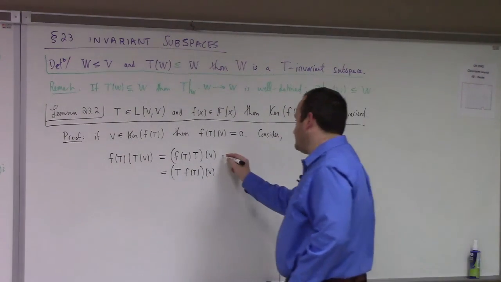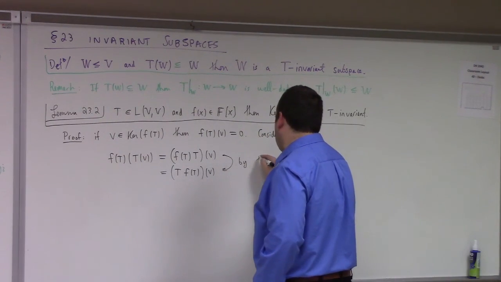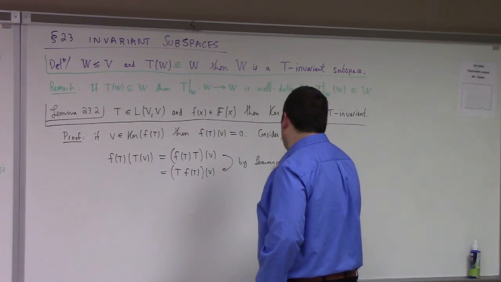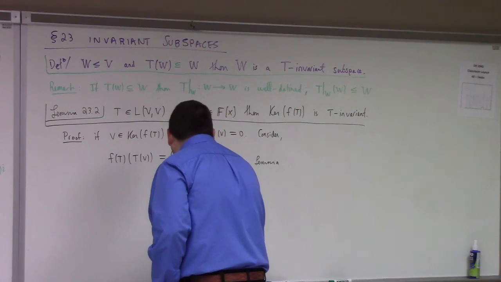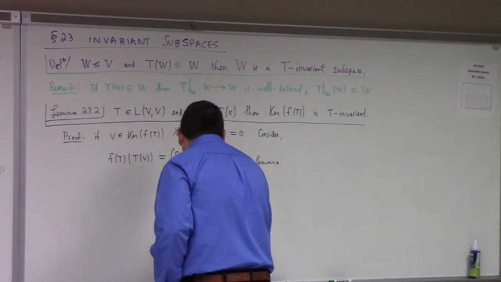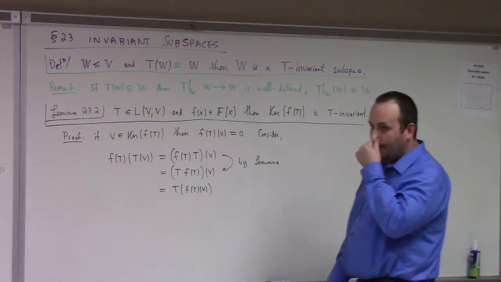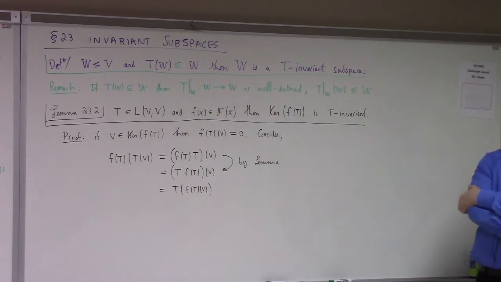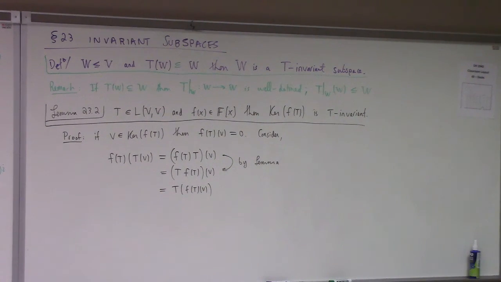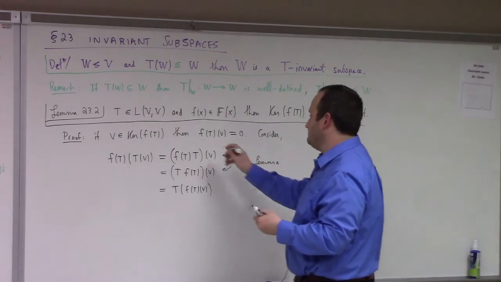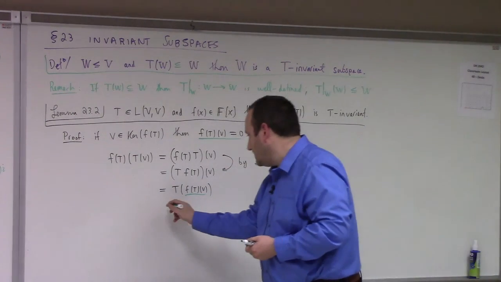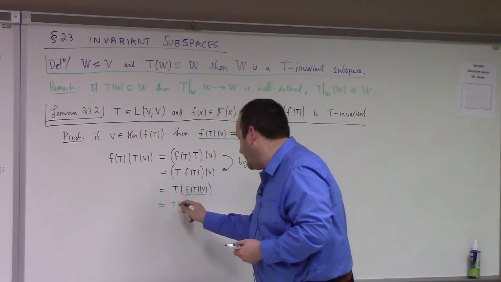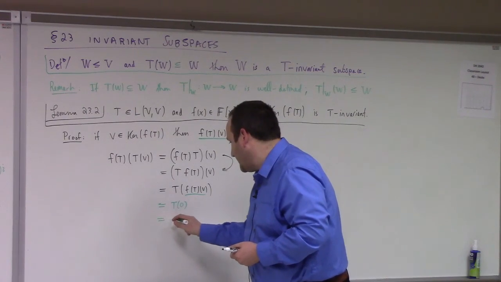This is by a lemma of a previous section that I did not prove. And that is T of f(T) of v. But what is f(T) of v? It's 0, right? So this is T of 0. And we know from day one on linear transformations that linear transformations send 0 to 0.